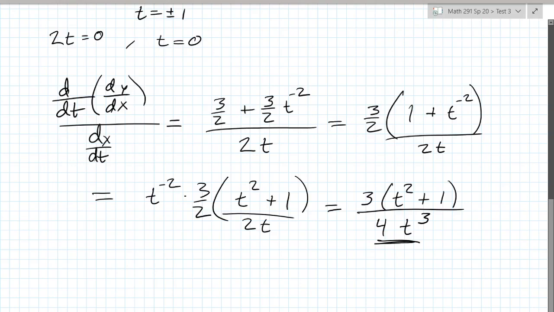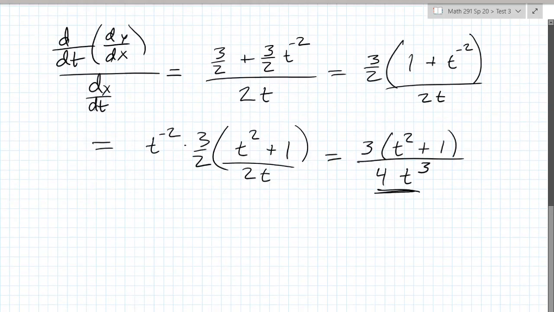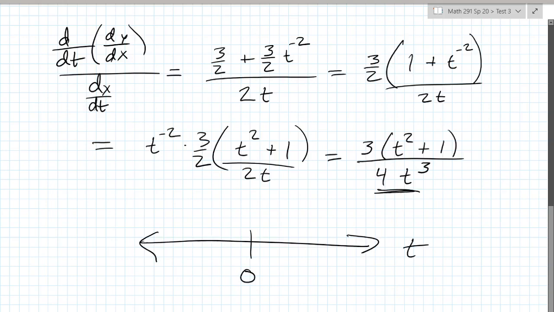So if we want to do what we did in Cal 1, here's when t equals 0, and this is our second derivative, d squared y over dx squared.